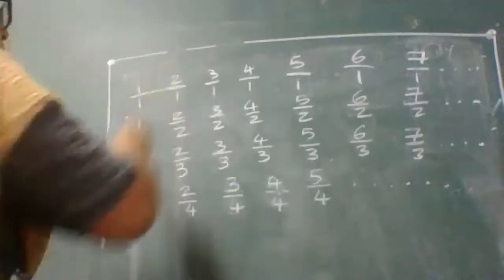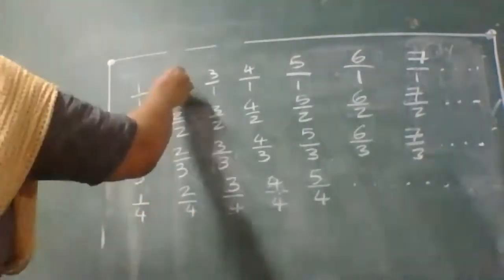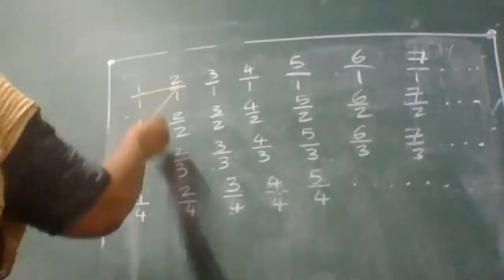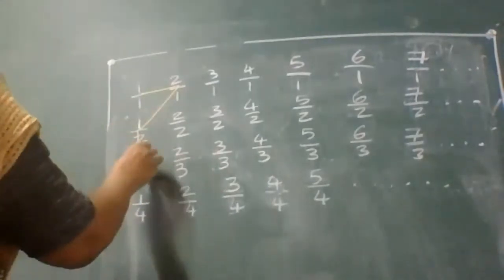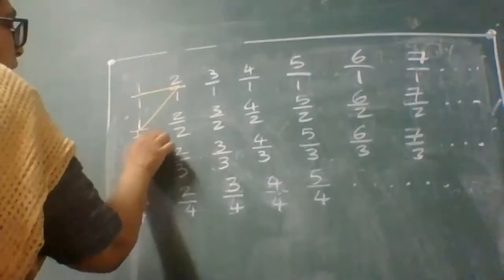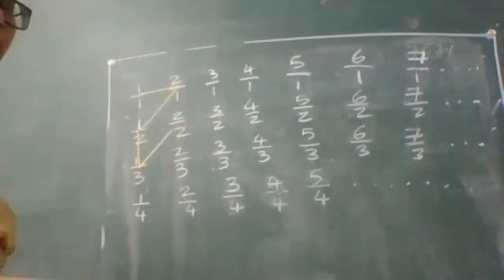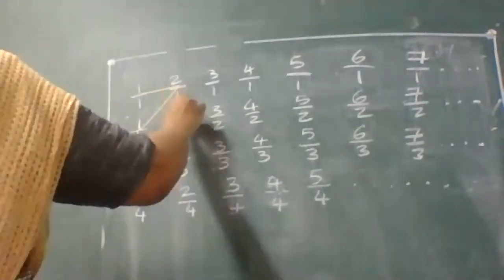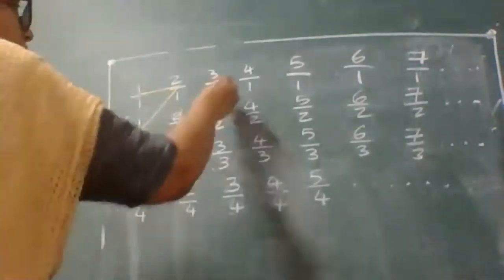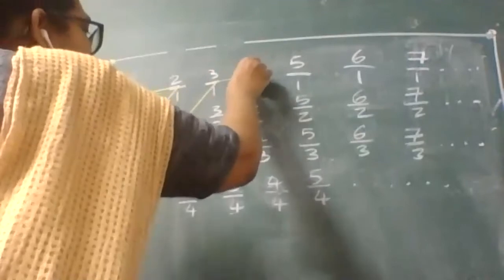You go one to the left, then you go diagonally down, then you go straight down, and then you go diagonally up. Now this 2 by 2 is already something you have, so just strike it off, go to the next one. And then you just continue that way.